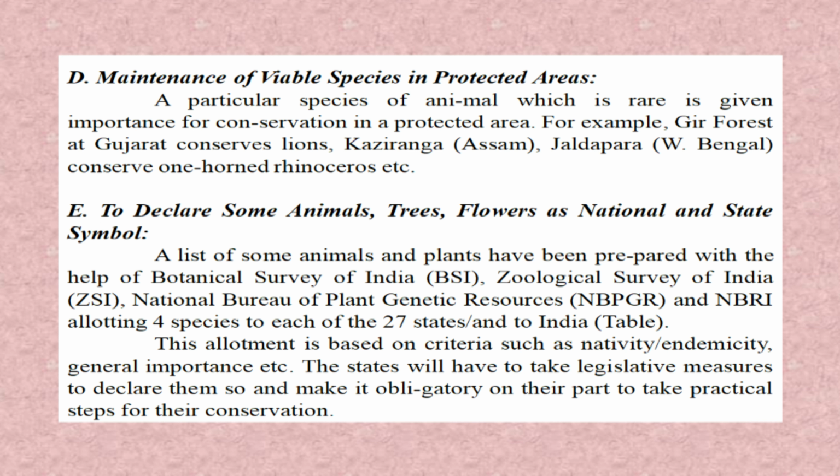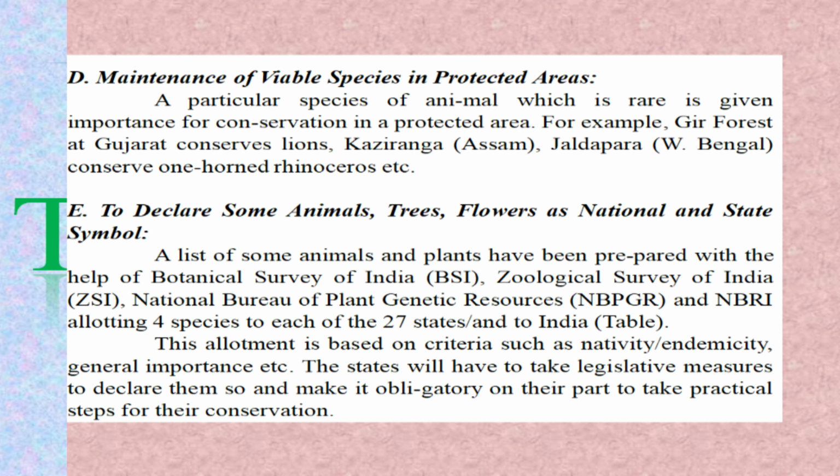This allotment is based on criteria such as nativity, endemicity, general importance, etc. The states will have to take legislative measures to declare them so and make it obligatory on their part to take practical steps for conservation.